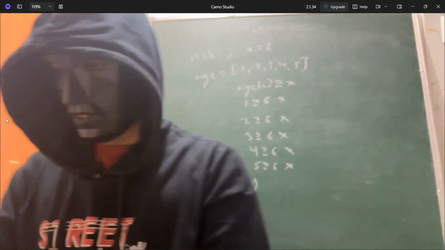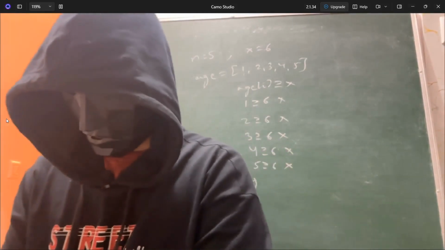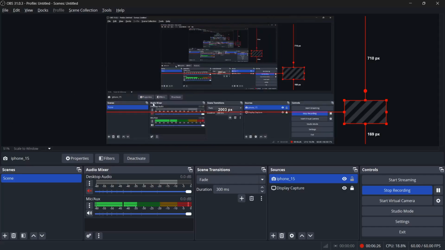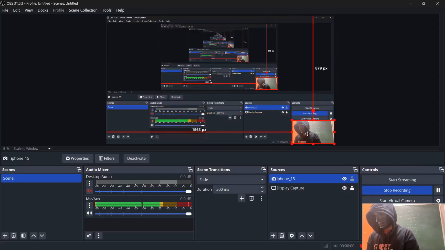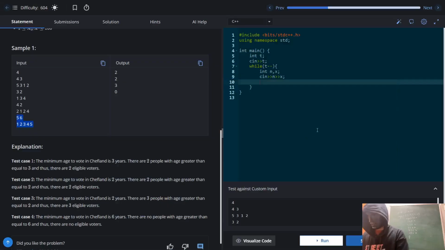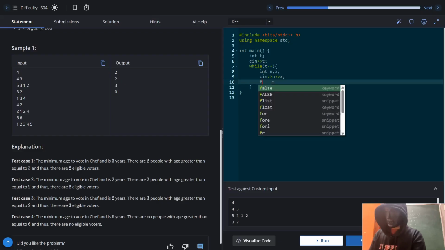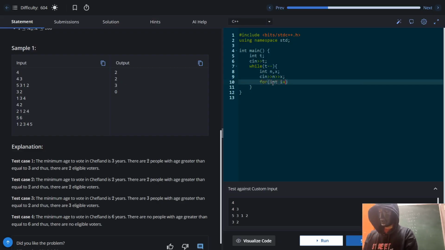I think you guys got a clear picture of how to deal with this problem. Let me put this video in the corner and go back to coding. Here one by one we will be getting the n elements, so we'll take a loop running from 0 to n minus 1. Here we'll take one count variable, which is the number of people who are able to vote.